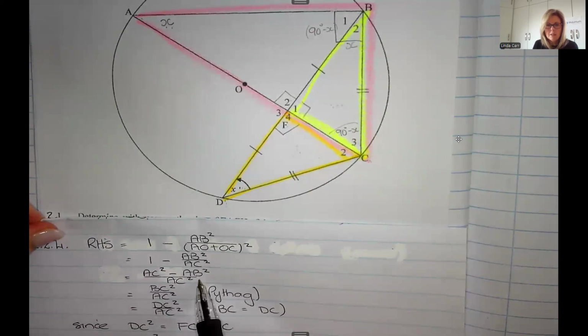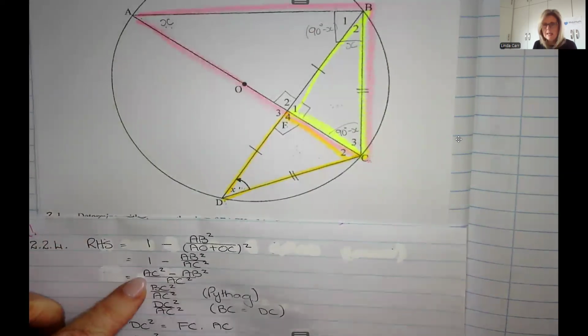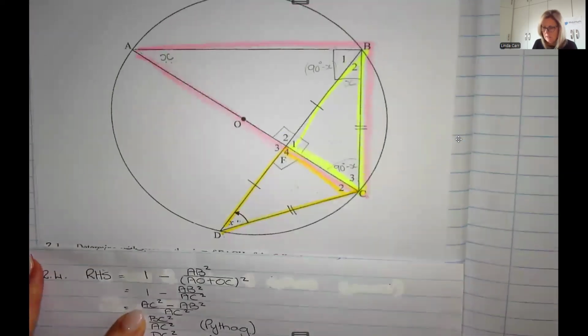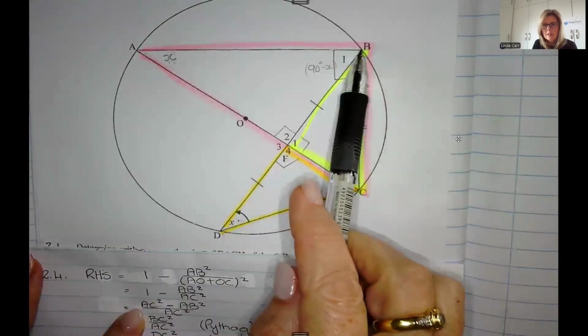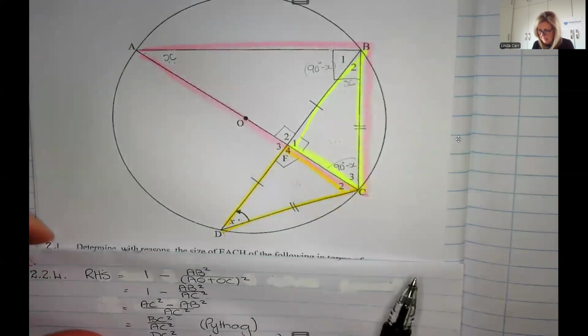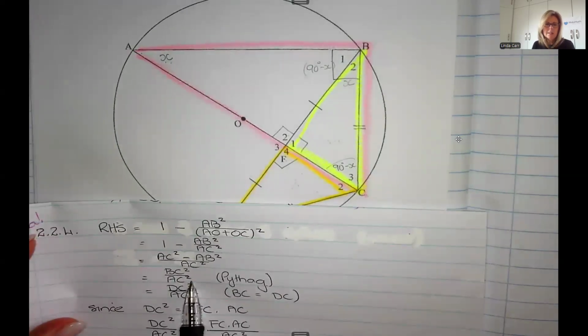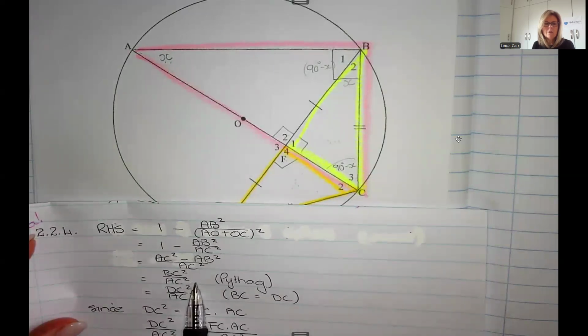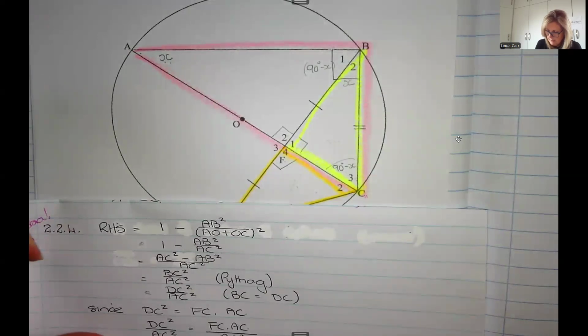Which gives me common denominator AC squared at the top, AC squared minus AB squared. Ha! AC squared minus AB squared. So that must be BC squared. So my right-hand side is now BC squared over AC squared because of Pythag.